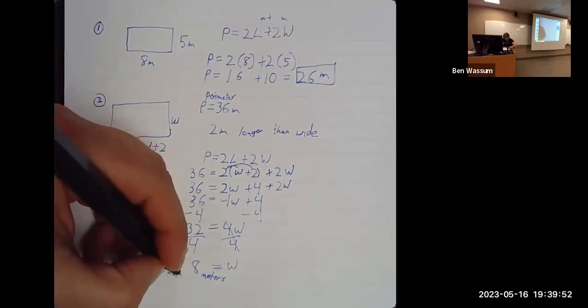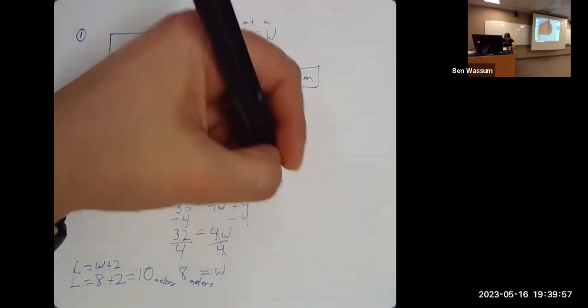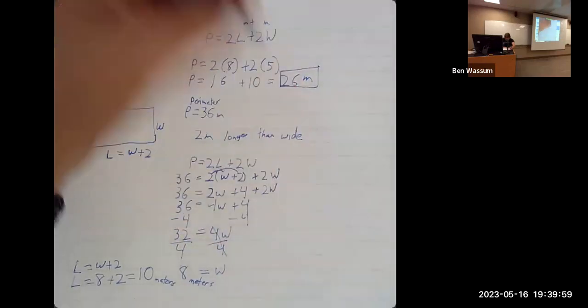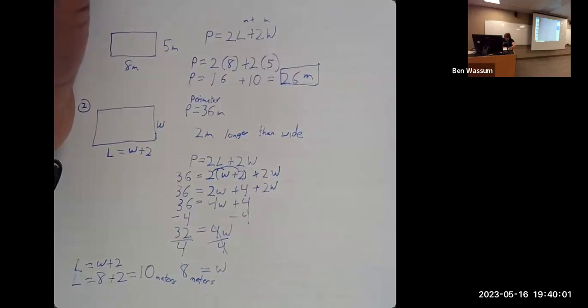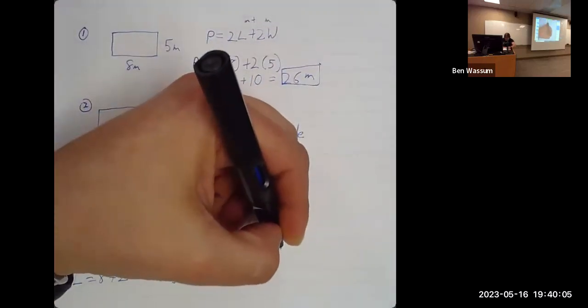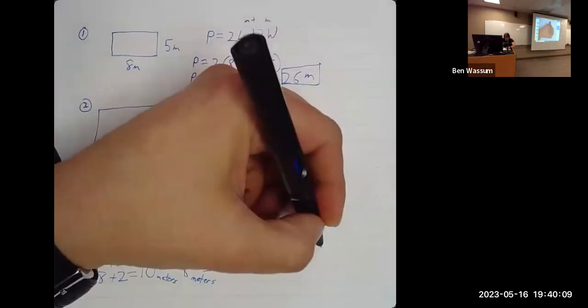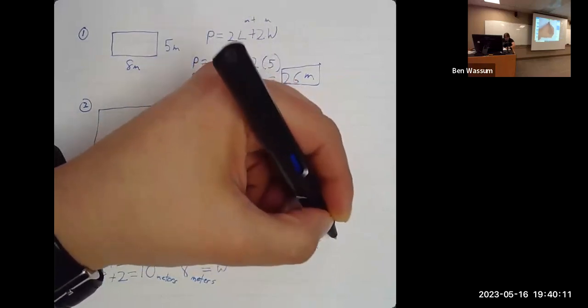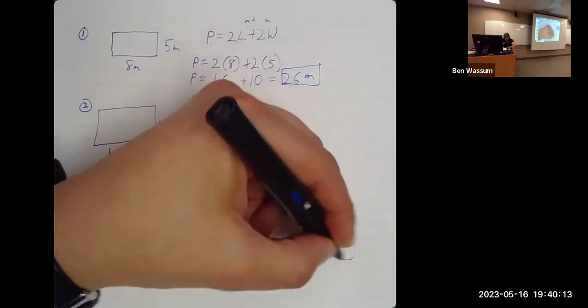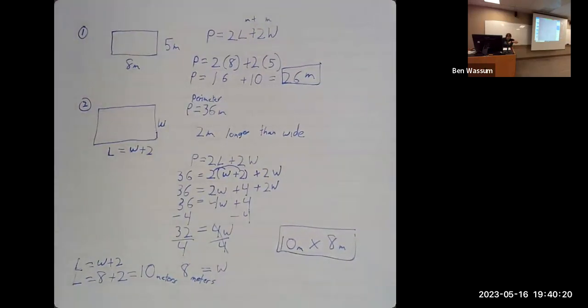And that's also in meters. So, as for answering the question, either box that up or say 10 meters. You could write it out as a sentence. Personally, I'm lazy. 10 meters by 8 meters. That's our shape.